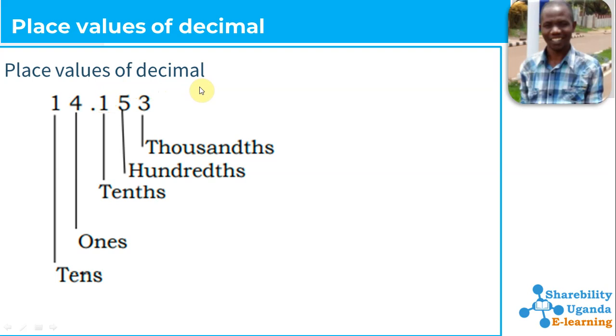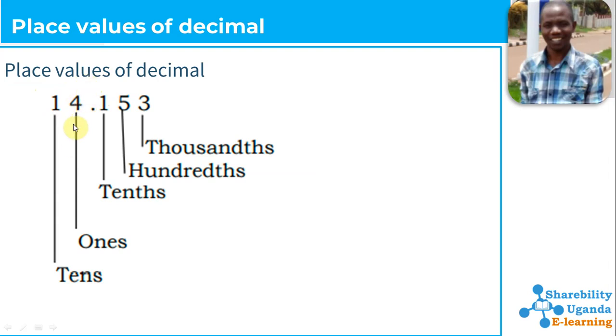So when you go this side, we start counting from tenths up to thousandths, hundred thousandths, up to millionths. Also when you move to the left, we give our normal place values.